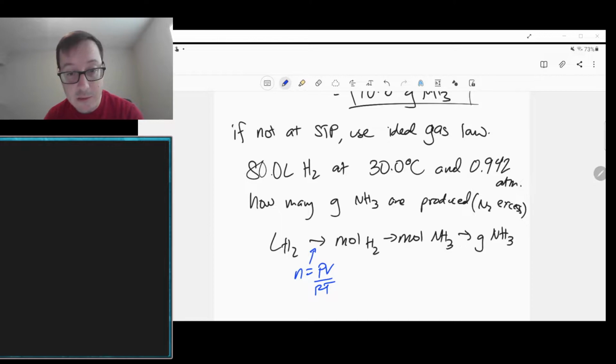So we just need to multiply the pressure volume over the constant times temperature, and then we'll end up with moles of H2. Here again, we still have our reaction coefficients and molar mass. That part is not changing. The only thing that changes when we're not at STP is our first conversion.